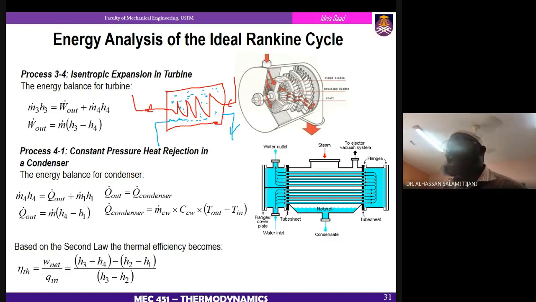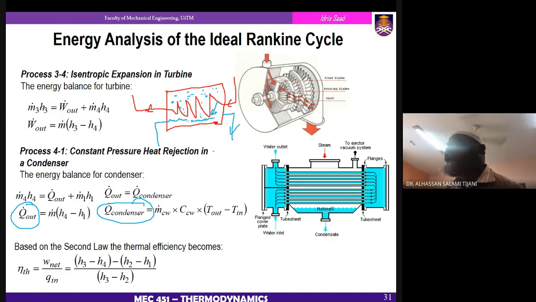So the energy lost by the hot water is equal to the energy gained by the cold water. The energy lost by the hot water is given by this Q out. The energy gained by the cold water is given by the Q condenser. And they are the same.